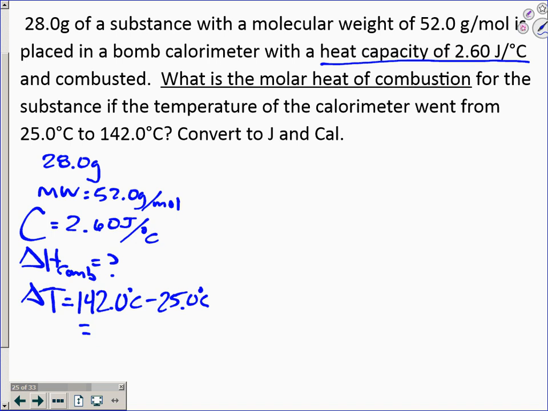Some of you are still on the ground. Some of you are just burrowing. I don't know where you're going. So I'm looking at all this information. I notice I have a capital C.